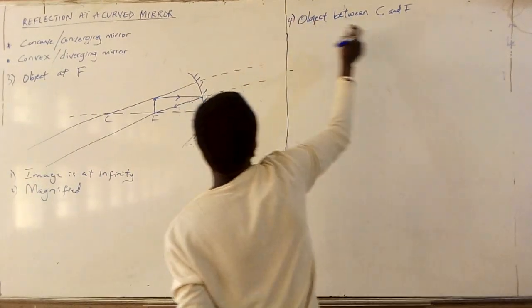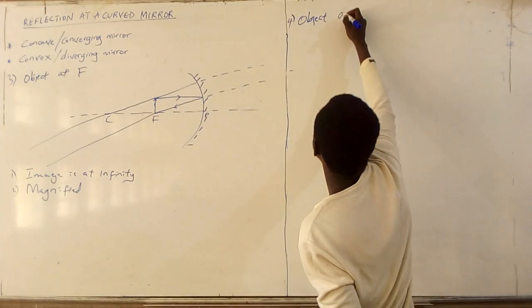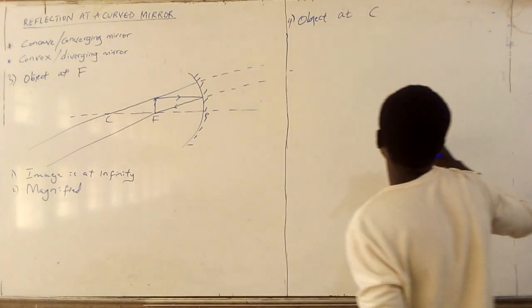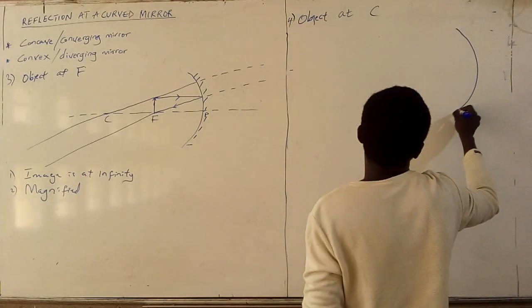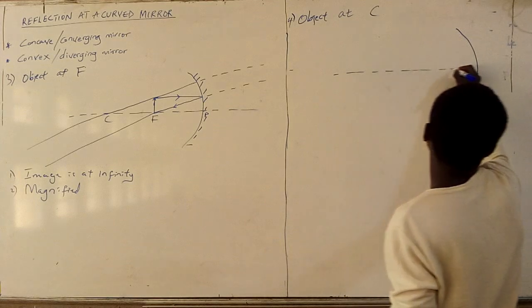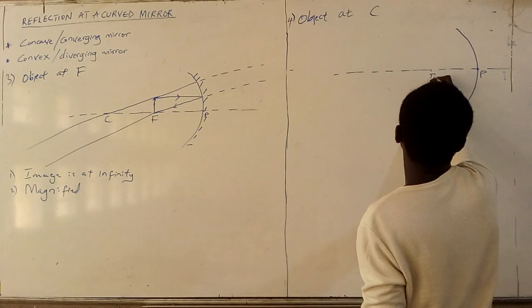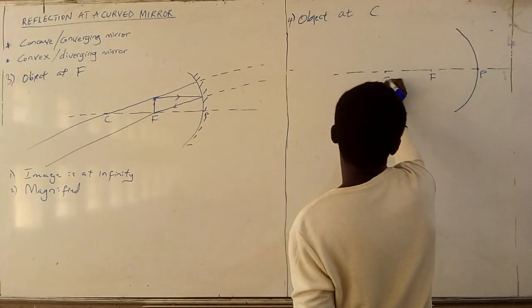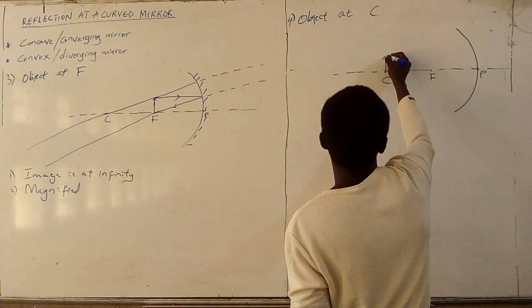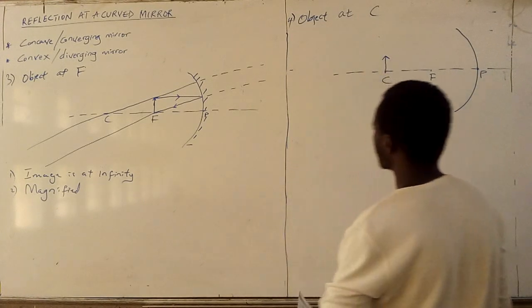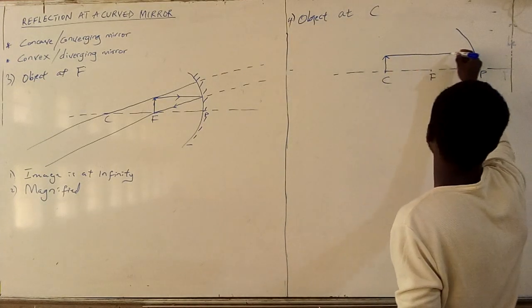Now let's say object at C, center of curvature. So object is placed this way. So it will reflect.